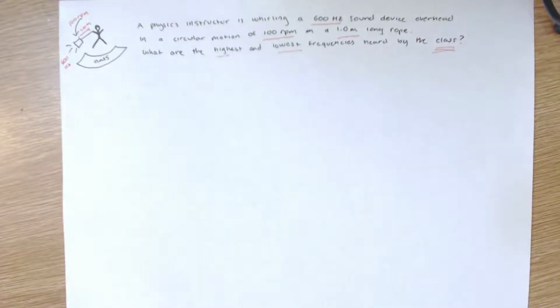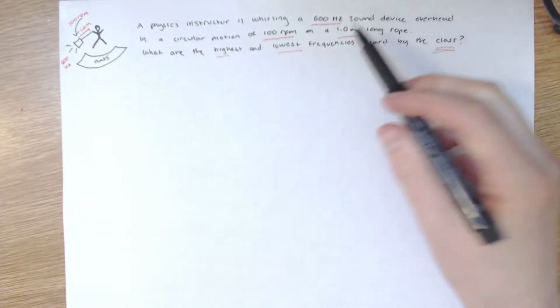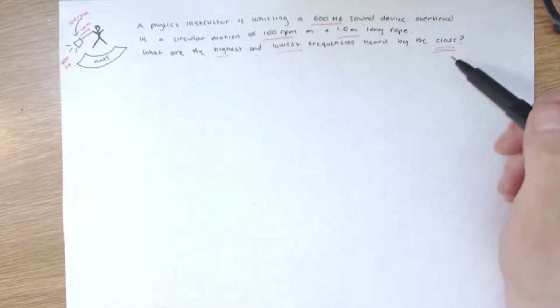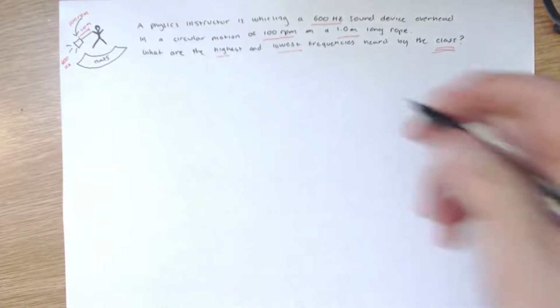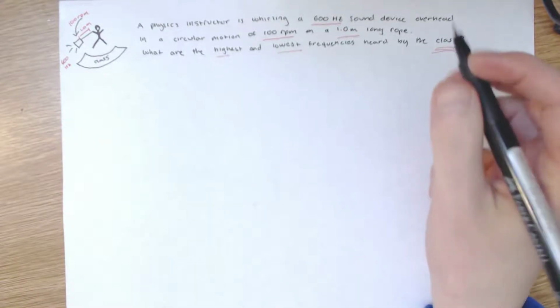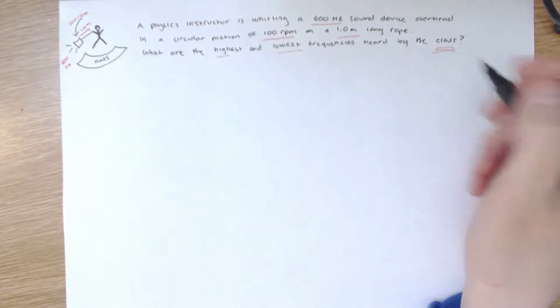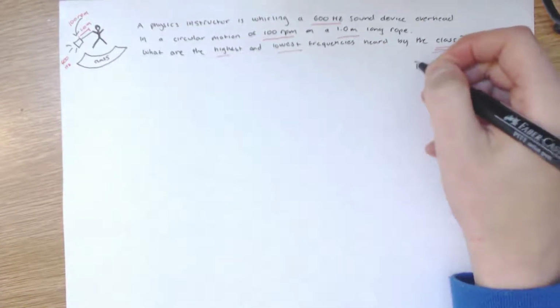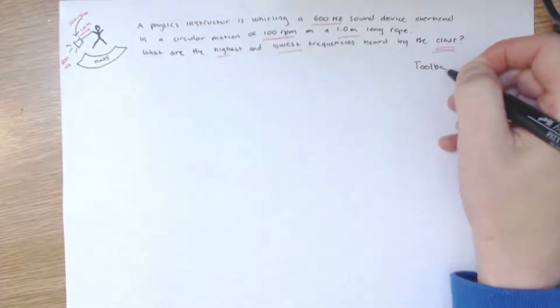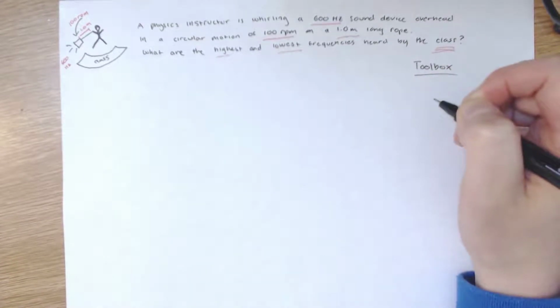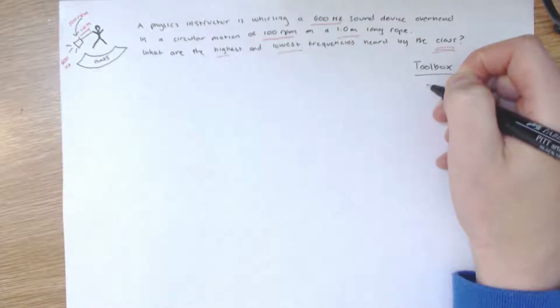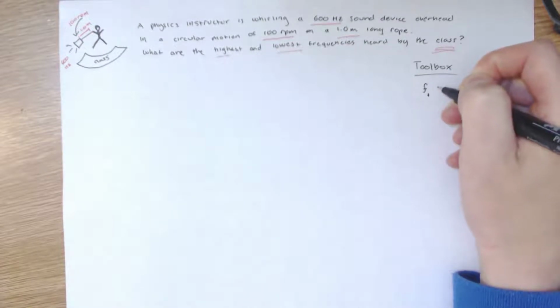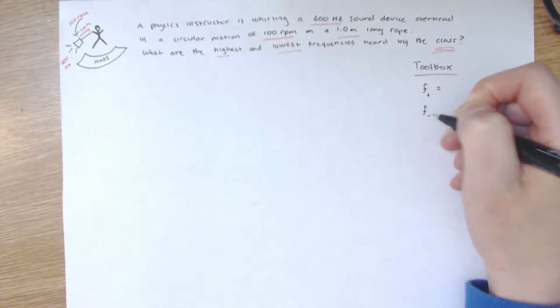So we know we have a Doppler effect problem because we have a moving sound device and a stationary observer. So for a moving device and a stationary observer, we know that our toolbox of equations, we are going to need to use F plus and F minus.